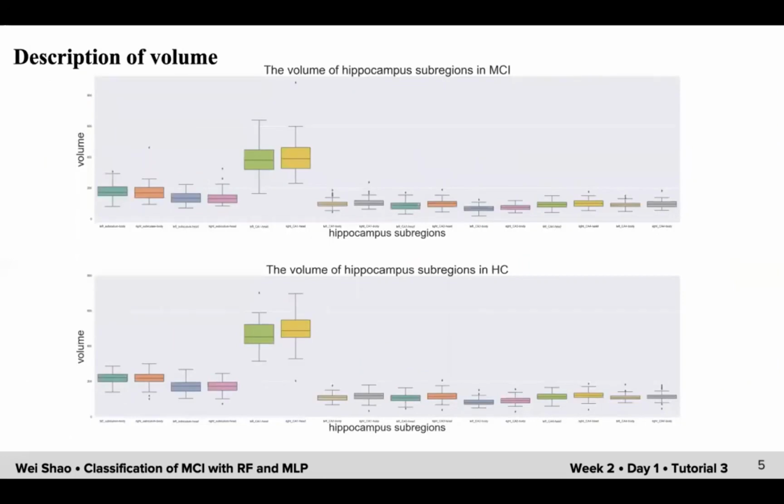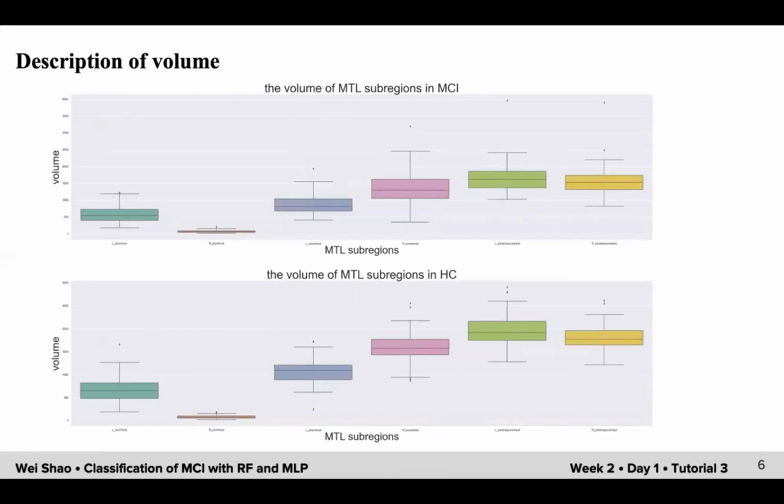As I mentioned before, given there's no dramatic structural change, in either the hippocampus or medial temporal lobe, between MCI and healthy control, you can say the volumes of those two areas show no significant difference between the two groups. The same thing happened in the MTL. Although you might notice a dramatic difference between the left and right perirhinal cortex, in general there's no difference in volume in those areas between MCI and healthy control.